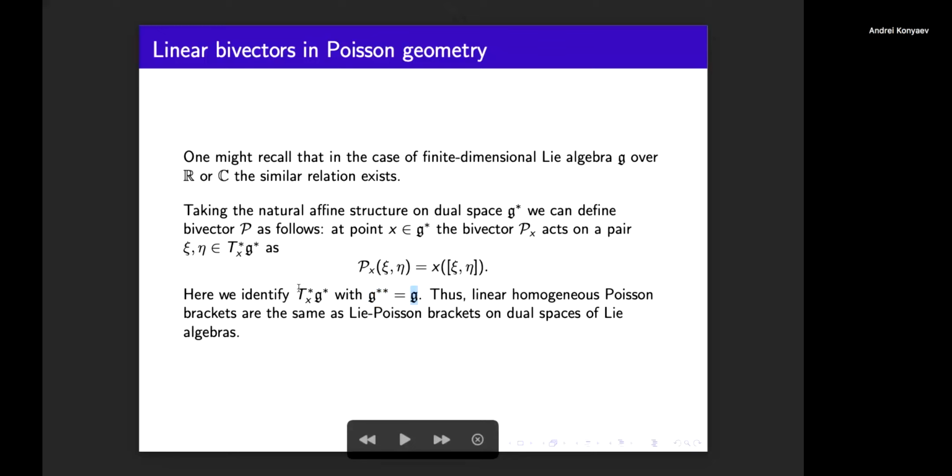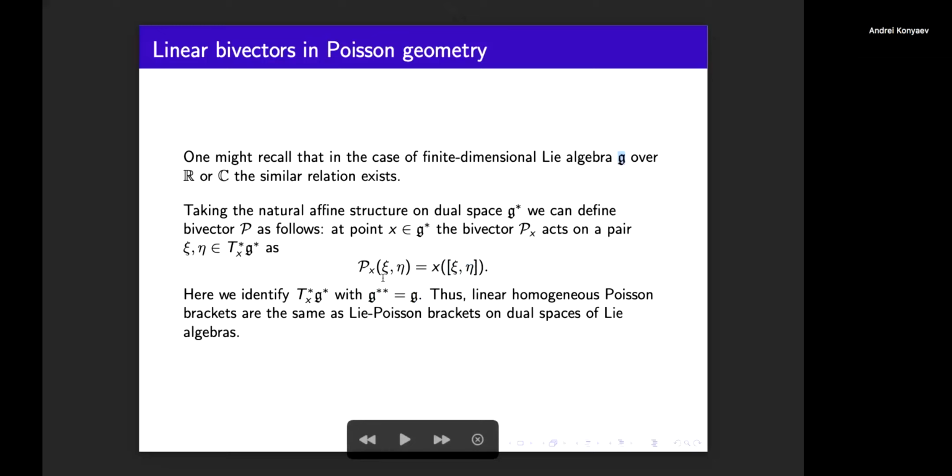Because we have identified this tangent space with G star, which means the cotangent space is identified with G double star, and G double star is identified with G. So we say that these elements are actually elements of the algebra, so we can commute them. This is a commutator in the sense of this Lie algebra G, and apply this covector x. And we get the following bivector.